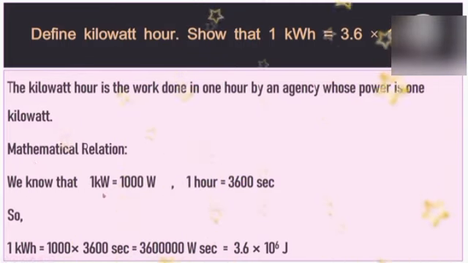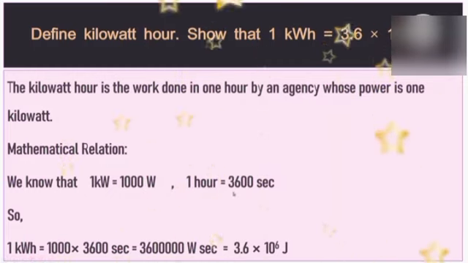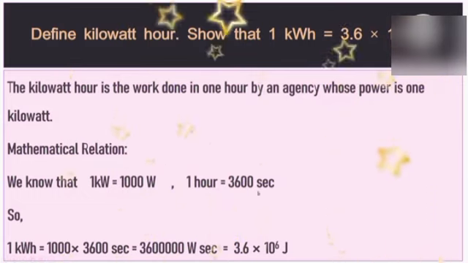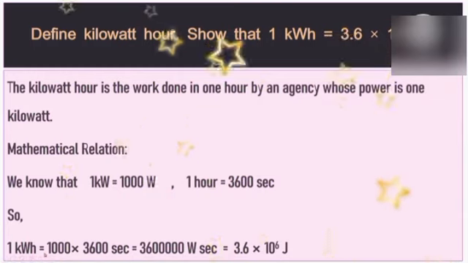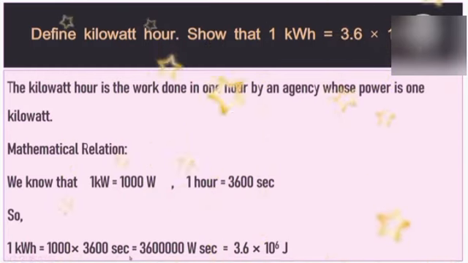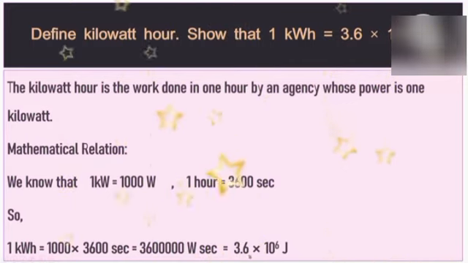We know that 1 kilowatt is equal to 1000 watts and 1 hour is equal to 3600 seconds. So 1 kilowatt hour is equal to 1000 into 3600 seconds, which is equal to 3,600,000 watt seconds, which is equal to 3.6 into 10 power 6 joules.